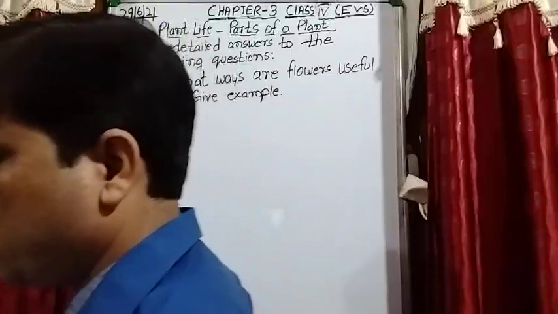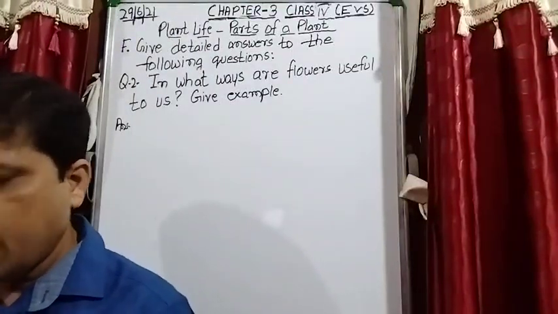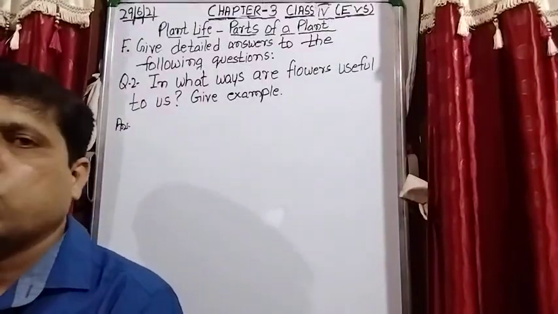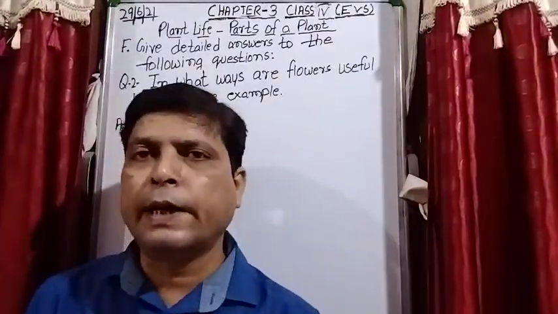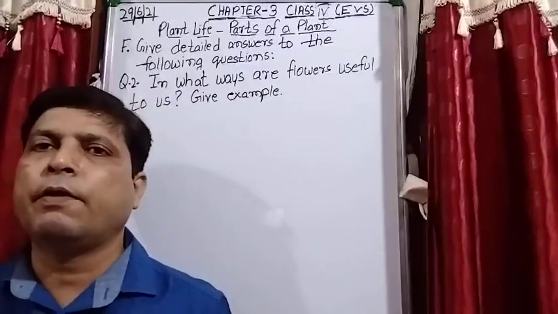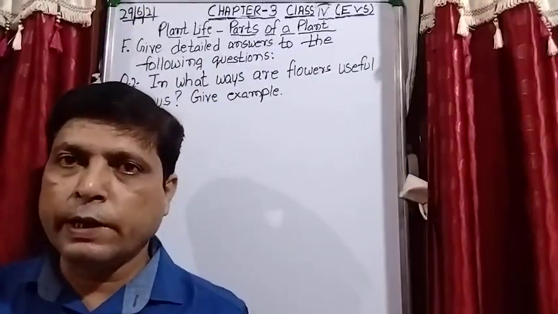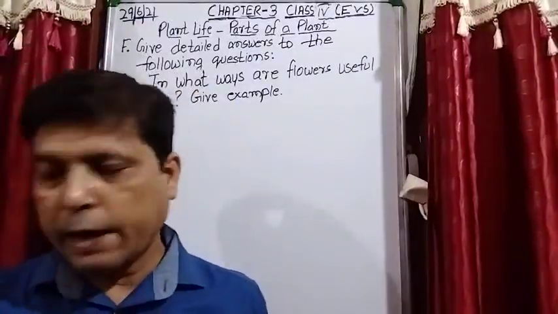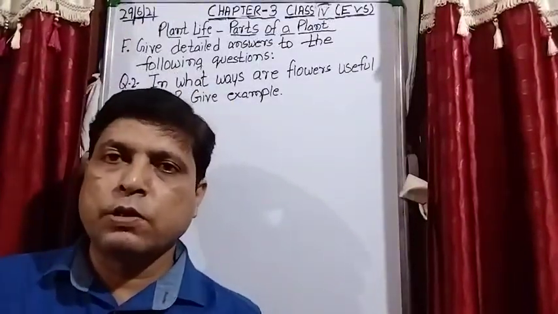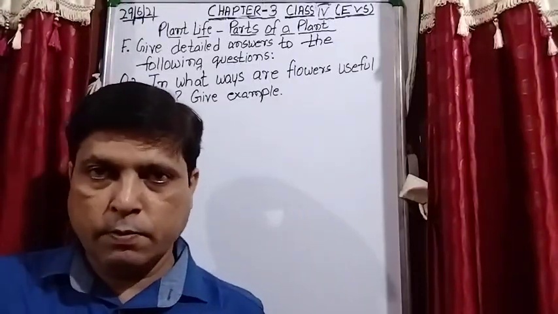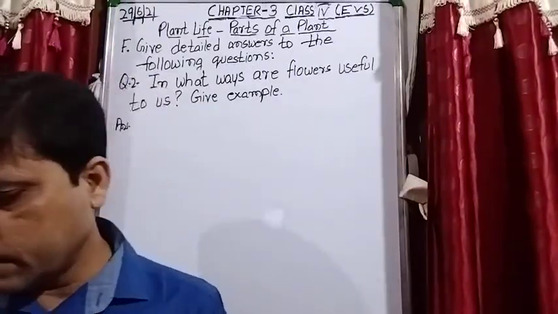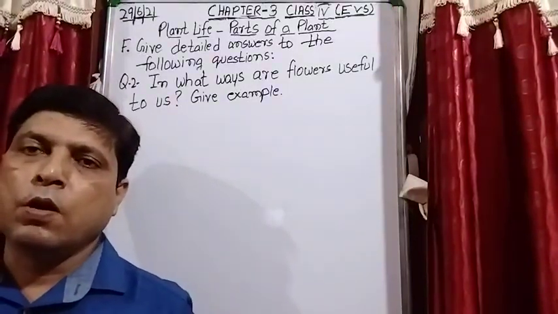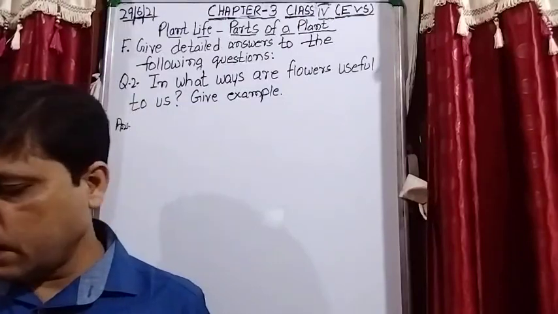So first of all, I give you the explanation of the answer and then we will note the answer in our classwork copy. ठीक है? So flowers are used for the decoration purpose, and in some special occasions like weddings, and we also decorate our houses with the flowers. In some plants we eat the flower as a food.